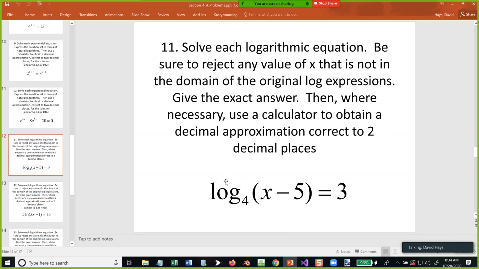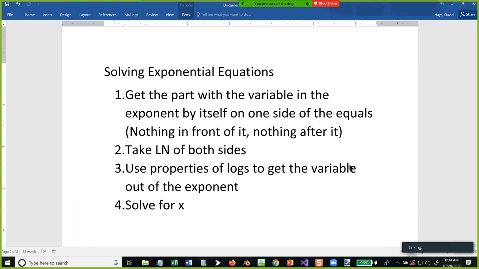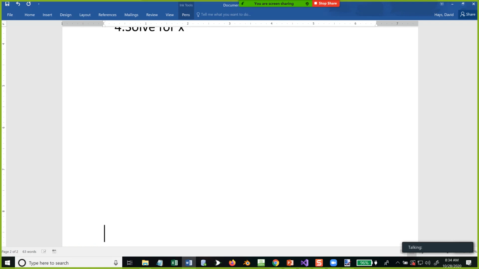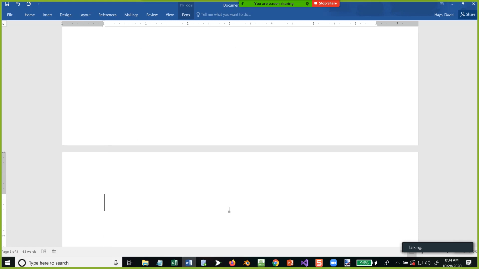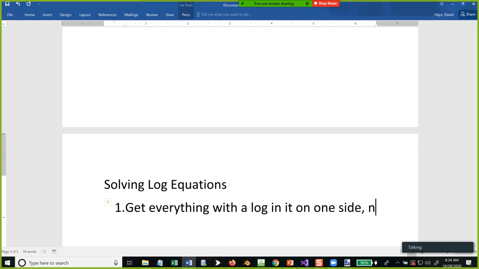It has a log in it. Step 1. Get everything with a log in it on one side, everything else on the other side.